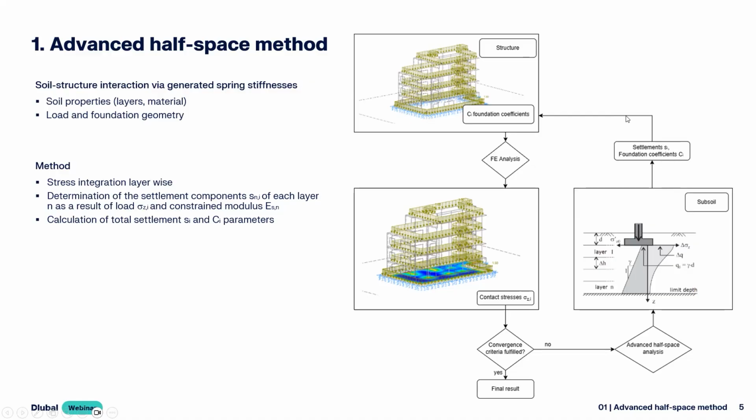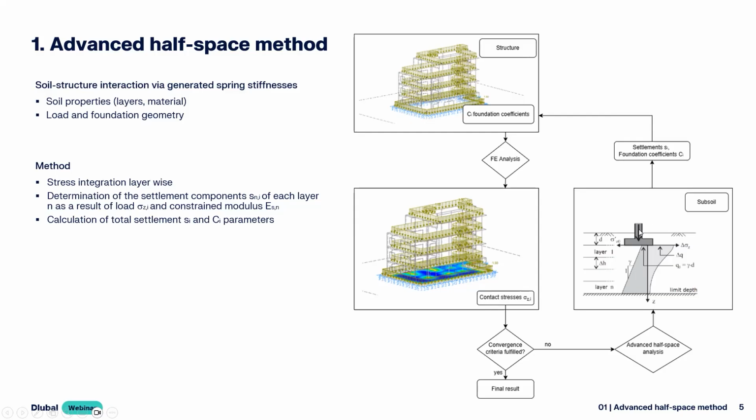Then these foundation coefficients go here to the model, and our surface supports and also line supports are updated. Then the next finite element analysis is started, and we have new contact stresses as the stiffnesses were a bit different. And then the convergence criteria is checked. Is it fulfilled? Then we would be at the end, and we would have the final result. If it is not fulfilled, another advanced half space analysis would be started with the updated contact stresses.